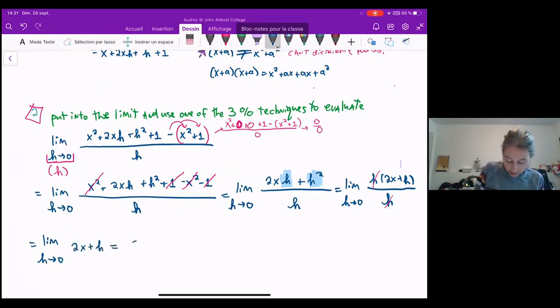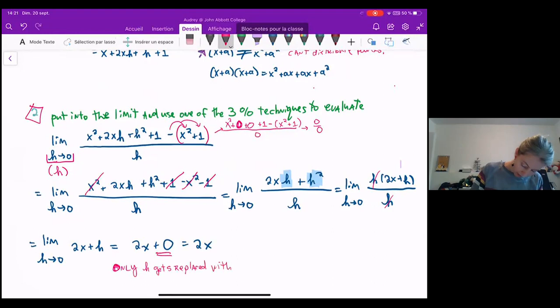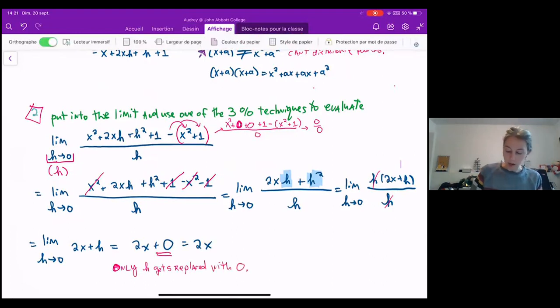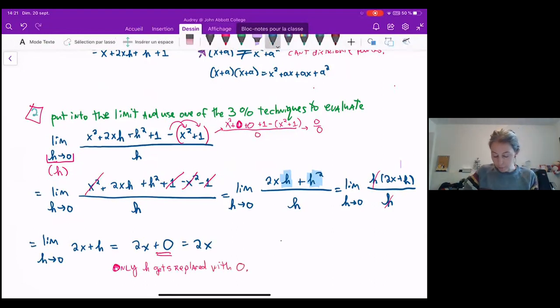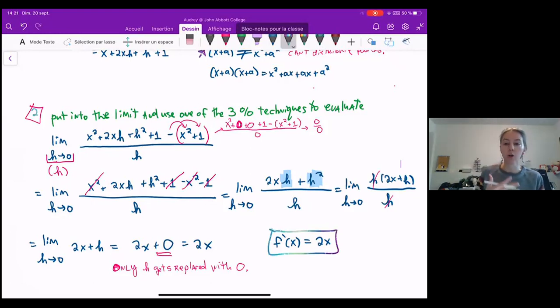I plug in 0 for h, not x, and I get that the answer is 2x. So only h gets replaced with 0. So then what I have is that f prime of x is equal to 2x. This is the derivative of the original function.